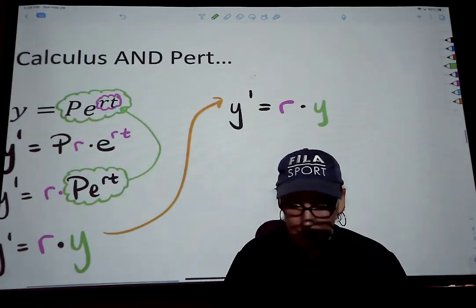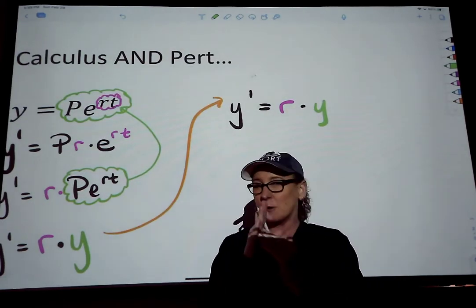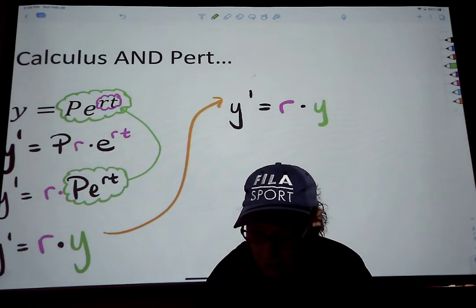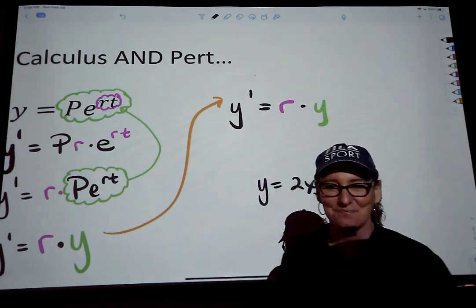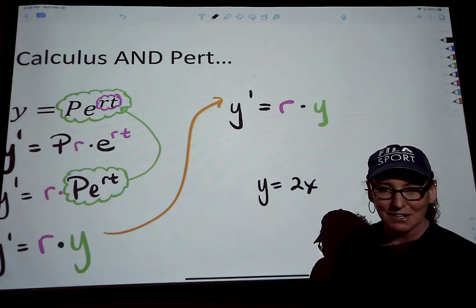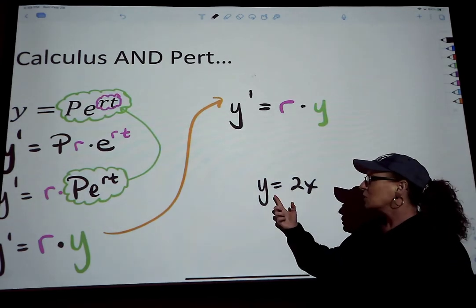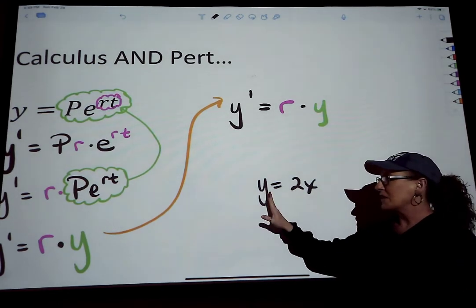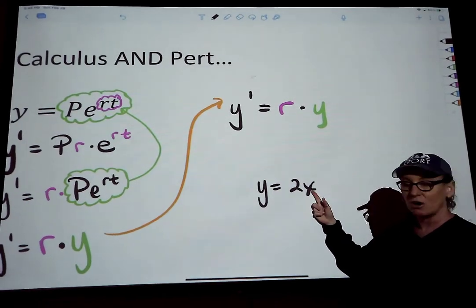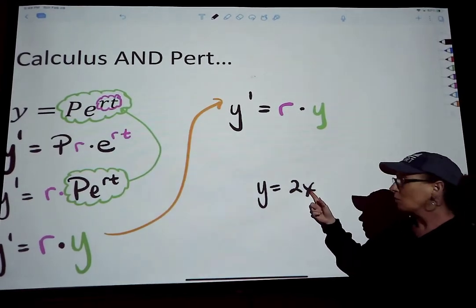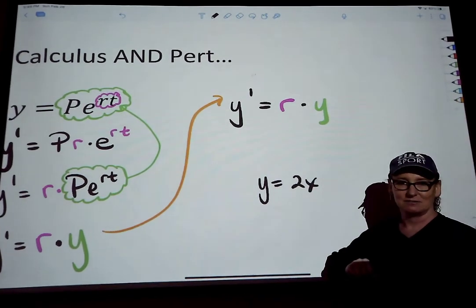So, time out for just a second. Let me take you back to Algebra 1 super quickly. Remember in Algebra 1 when you graph y equals 2x? Remember how easy that was? We said in Algebra 1 that y was directly proportional to x. So whatever x was, y was always double that.